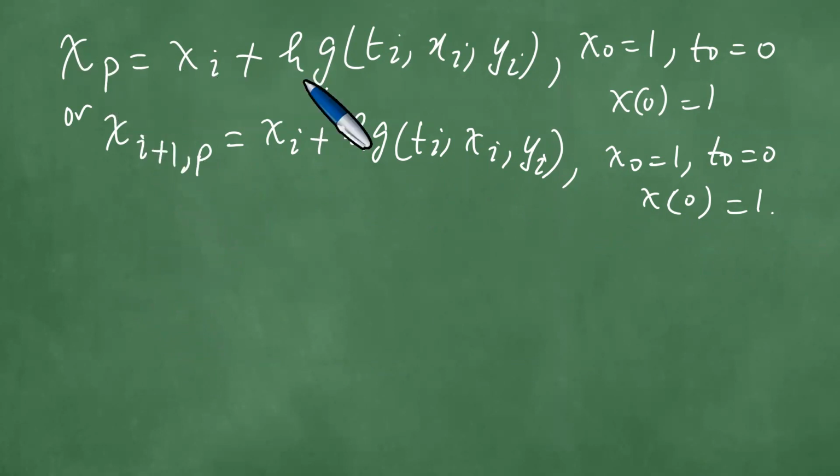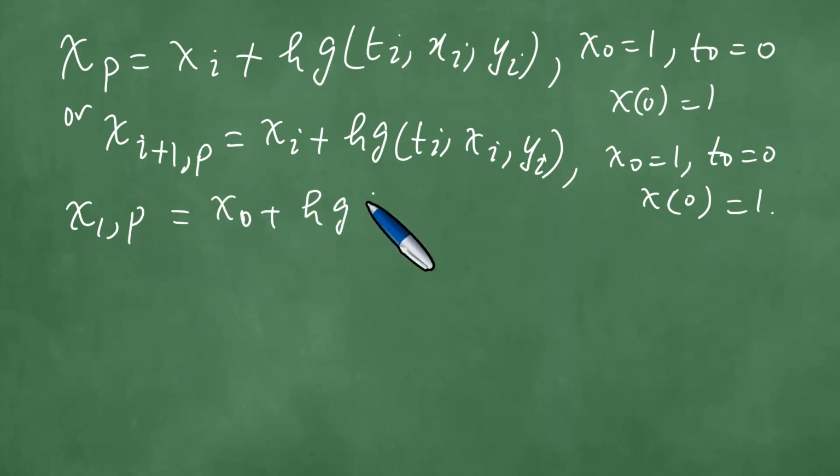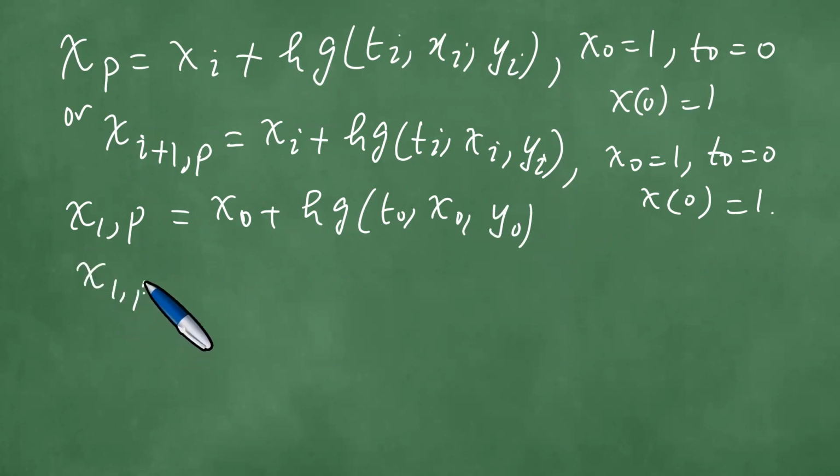This is what is there in the memos of this module, and it allows us to see exactly that we are getting x_1p, which is the same as x_0 plus h g of t_0, x_0, y_0.